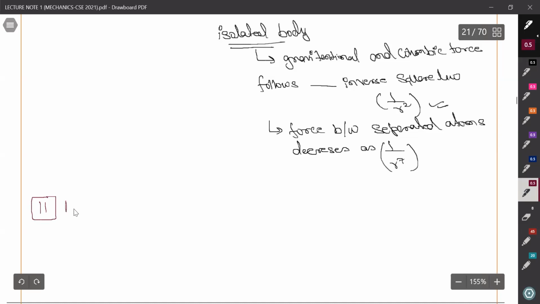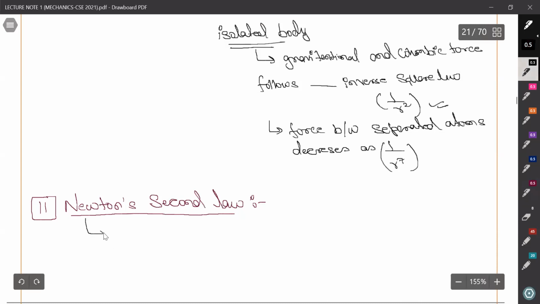Let's quickly jump to Newton's second law. It is the most important law as far as our course is concerned, because according to Newton's second law, we will write the equations of motion of the object, and we will discuss this later also.